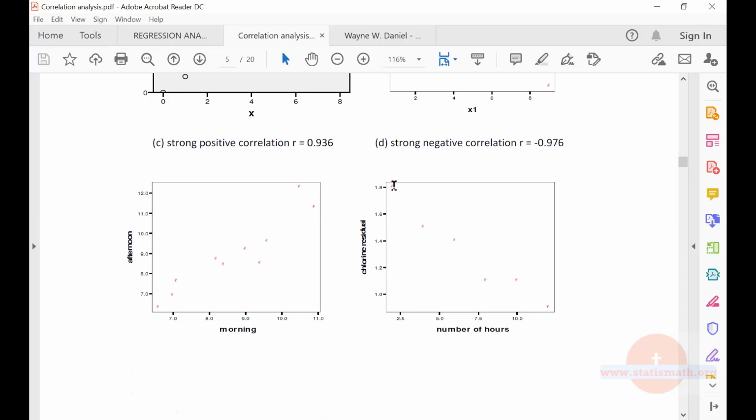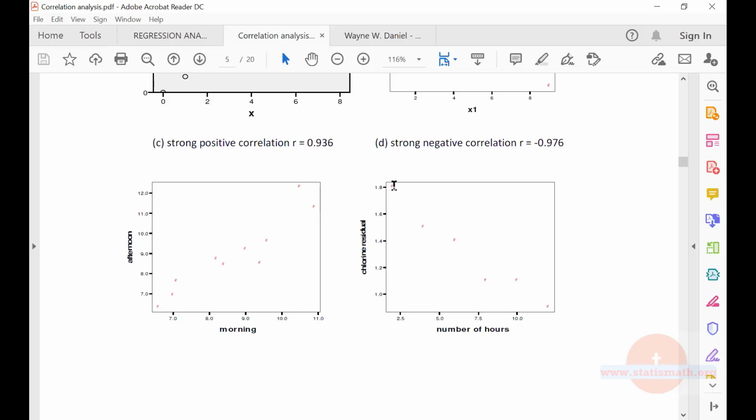There is a positive correlation here, but it's not as perfectly linear as in the previous graph. When you encircle it, most of the points are inside, but still some of the points are scattered, so we call this a little bit weak. It depends on the value.